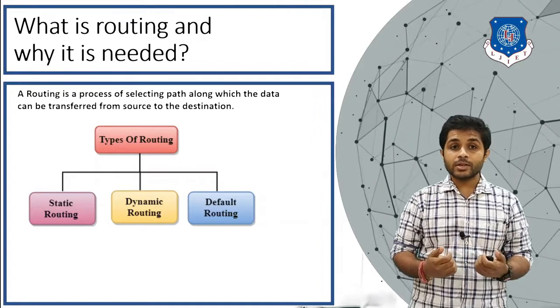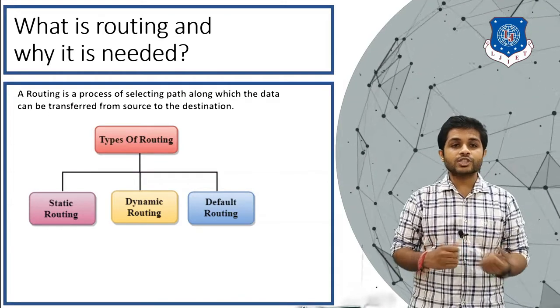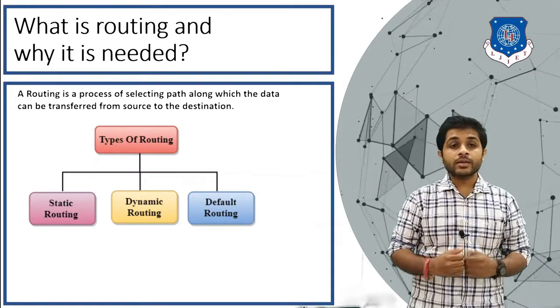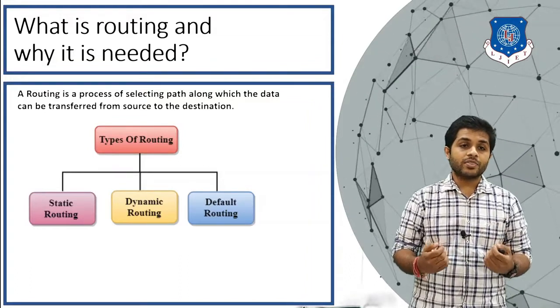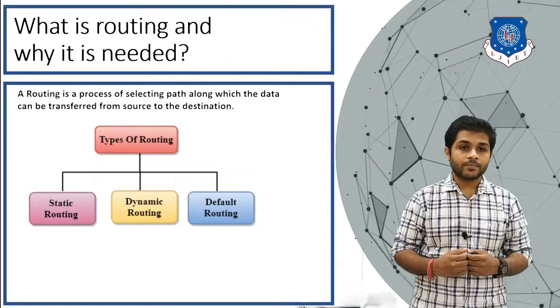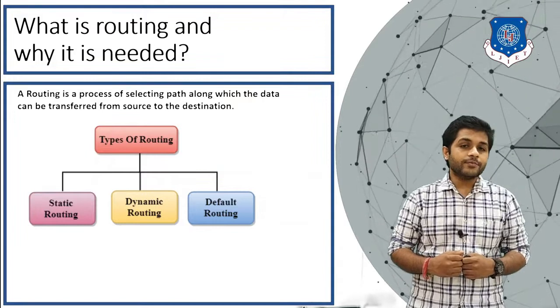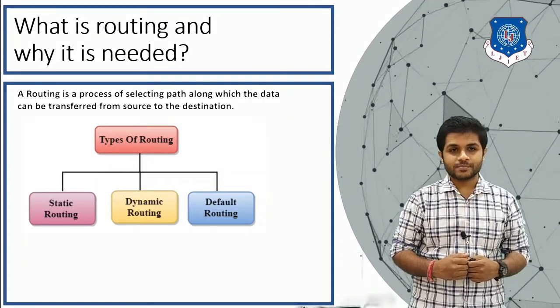In dynamic routing, all the routers are smart and they share information with each other. So in dynamic routing, the entries in the routing table are changed by the routers themselves. And the last one is called default routing, and in default routing the entries in the table cannot be changed.